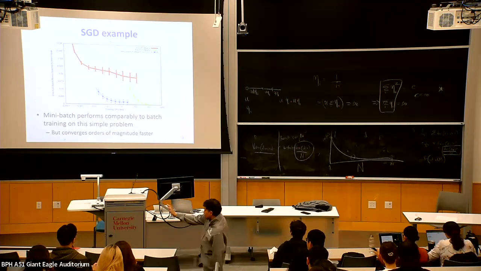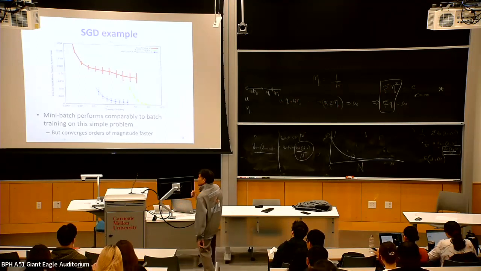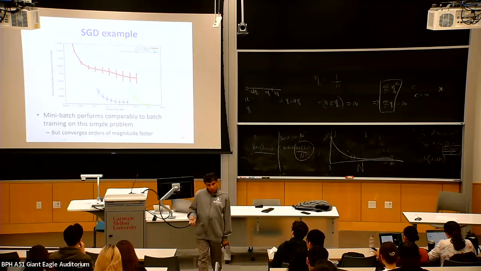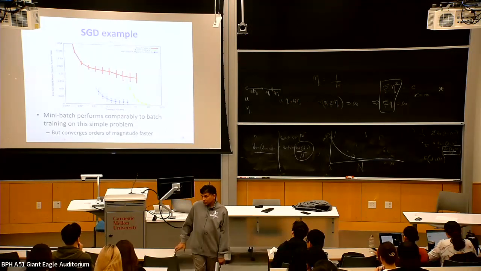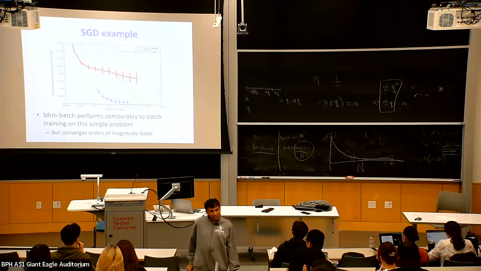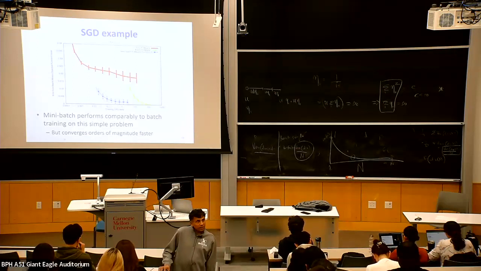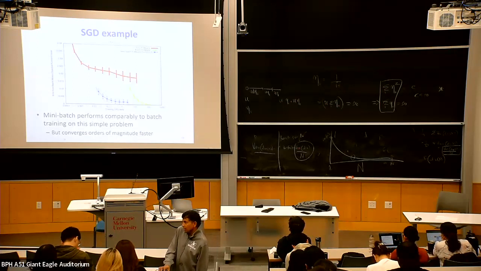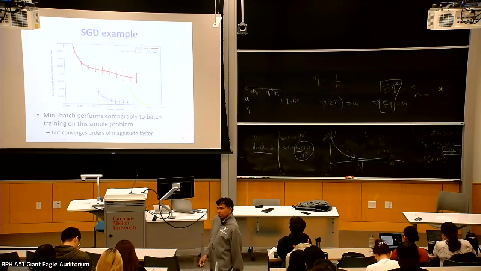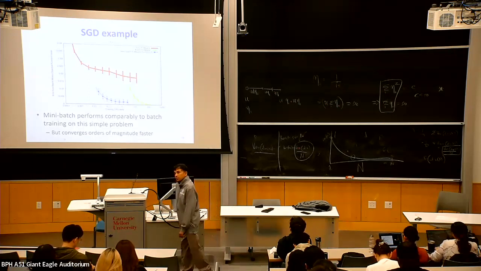For mini batch descent, the x-axis is training time. You can see mini batch descent converges almost as fast as stochastic gradient descent. It converges, however, to almost the same optimum as full batch, and the variance across runs, as shown by the bars, is also almost as small as full batch. So this is what we will do when we train our networks. We're going to be using mini batch.